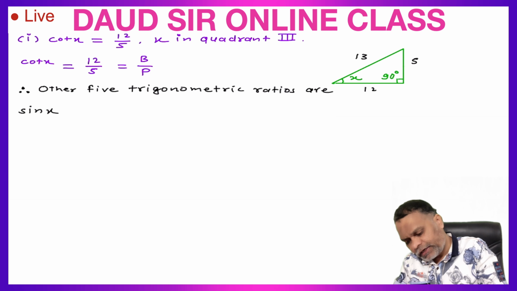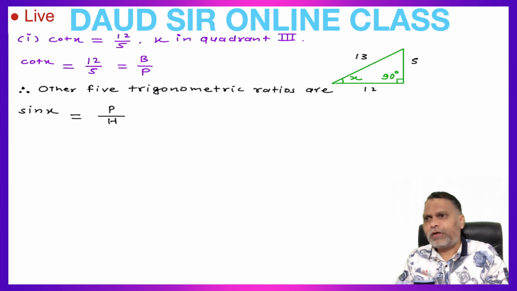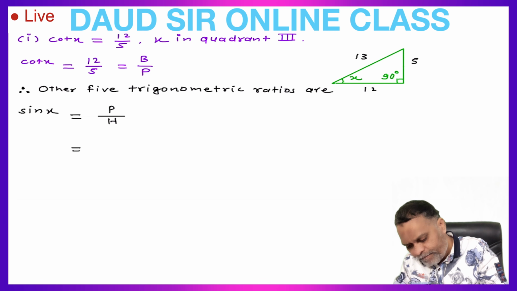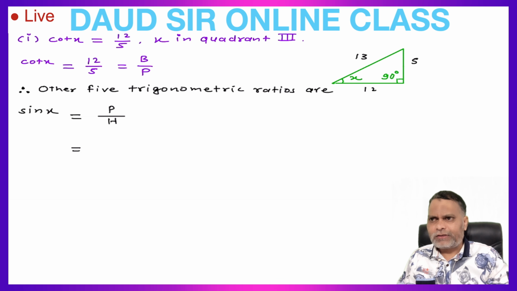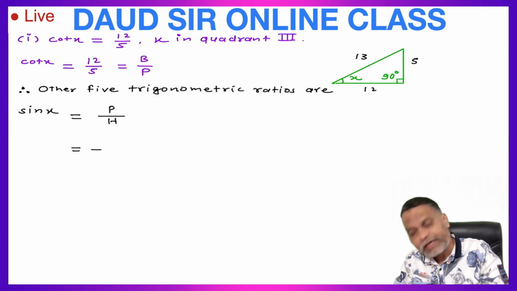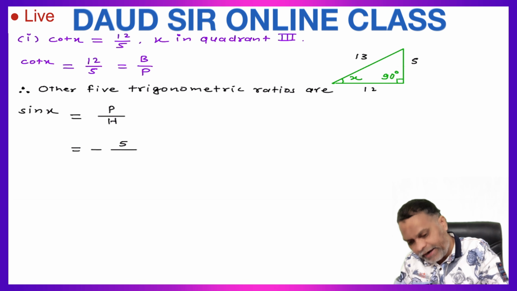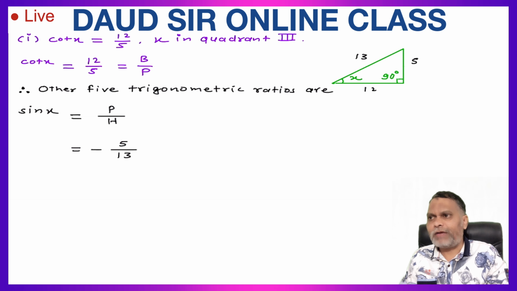Sin x is equal to perpendicular upon hypotenuse. Sin x is negative in the third quadrant. In the third quadrant, tan and cot are positive, other trigonometrical ratios are negative. So first of all put the minus sign here. Then write the value of perpendicular. Perpendicular is 5 and hypotenuse is 13. So the value of sin x is minus 5 upon 13.